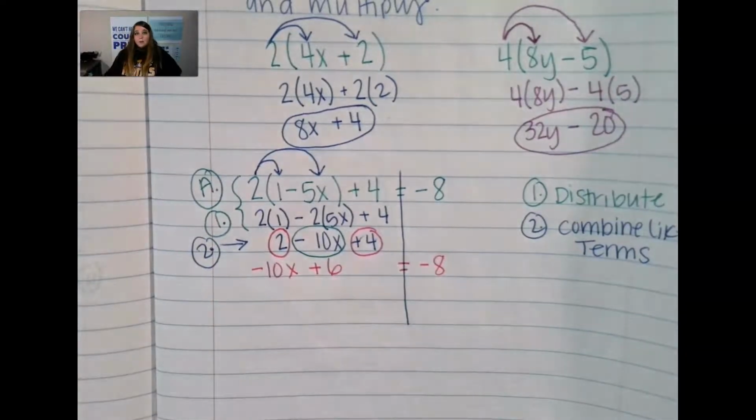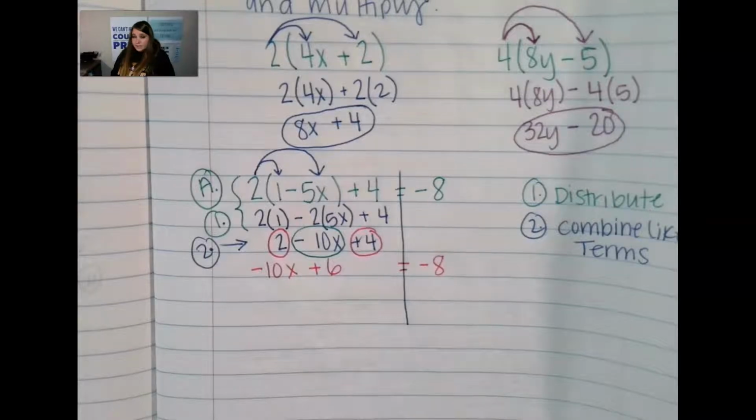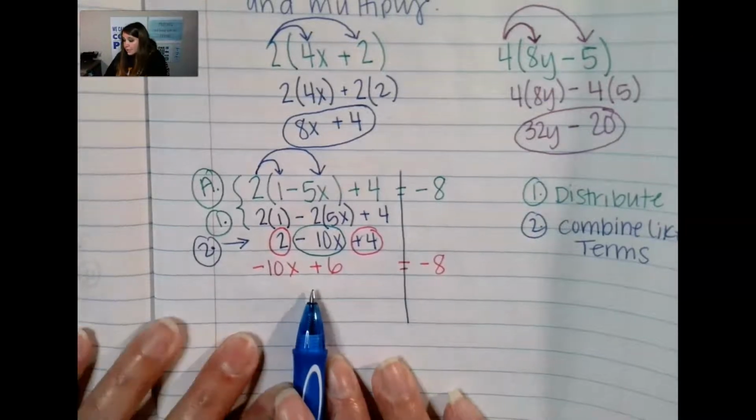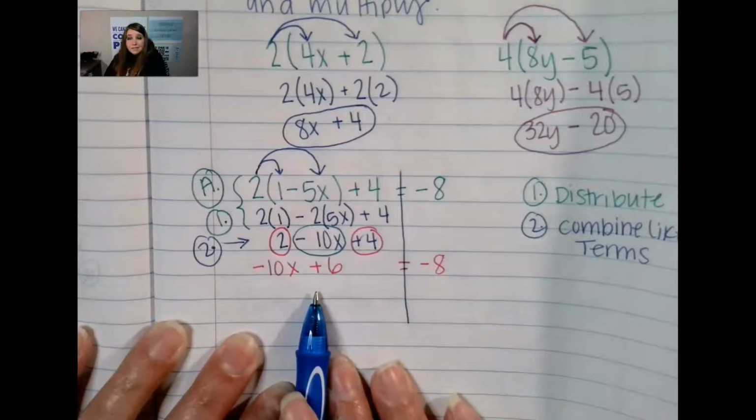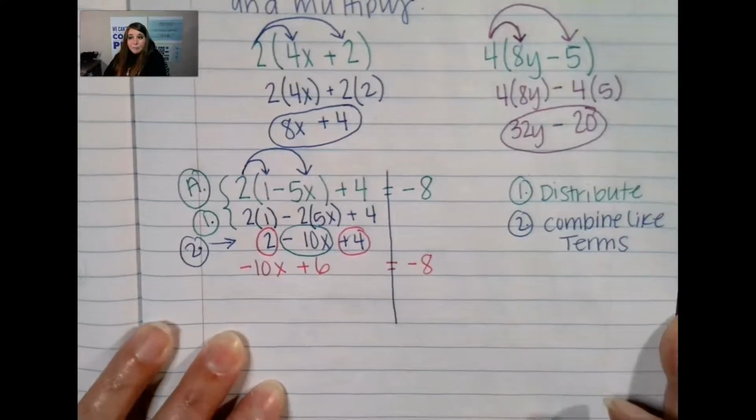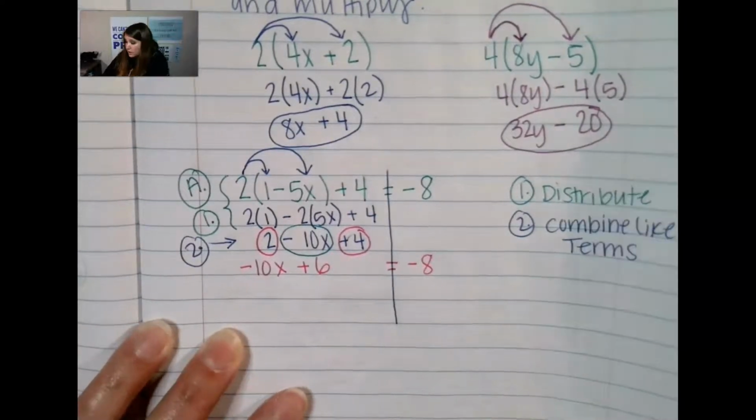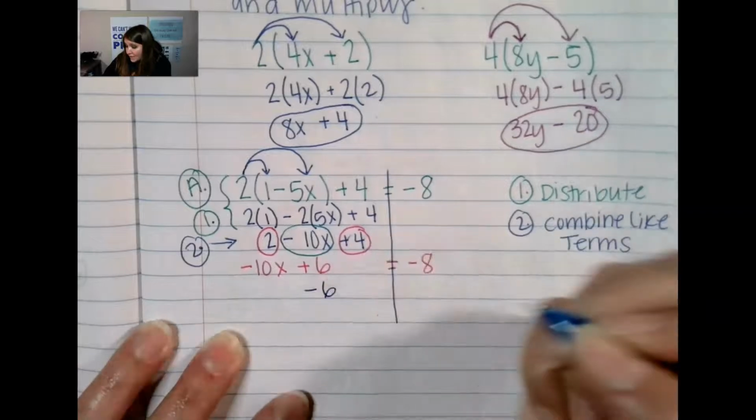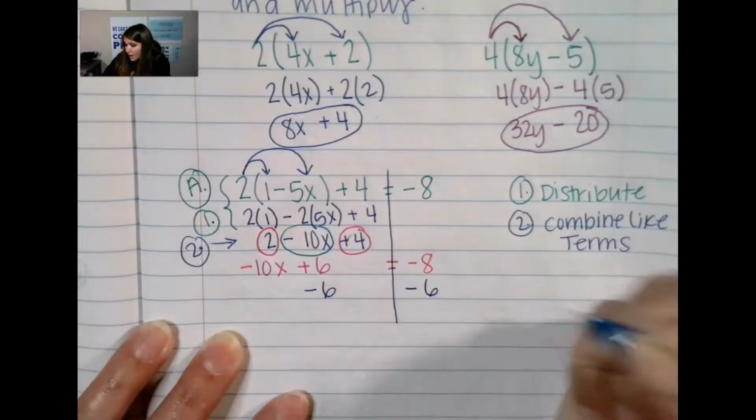Okay, now we're ready to solve what we did 2 days ago, or 2 lessons ago. I am going to subtract 6. My whole job is to still get the variable by itself. So I am going to subtract 6, and I am going to subtract 6.